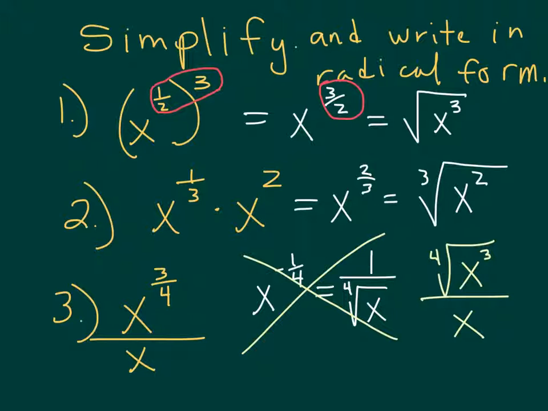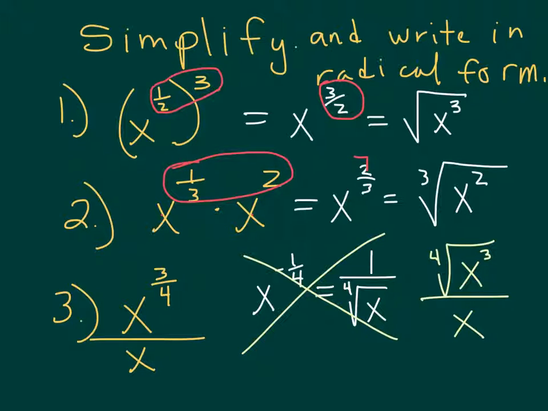Okay, on the second one, we have a base times a base, and so we add the exponents, and I did not add those exponents. I multiplied those exponents. So it should be 2 1/3, which is the same thing as 7/3, and so my answer is actually wrong.